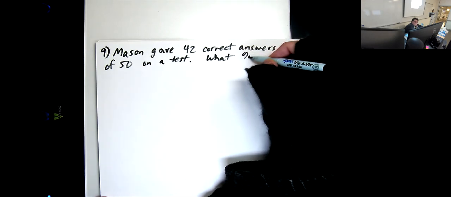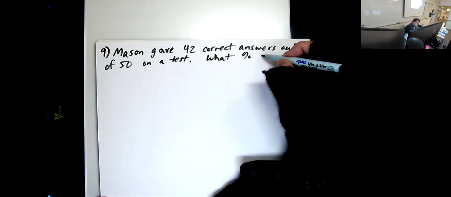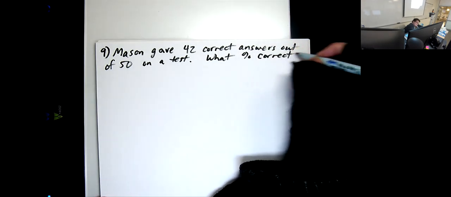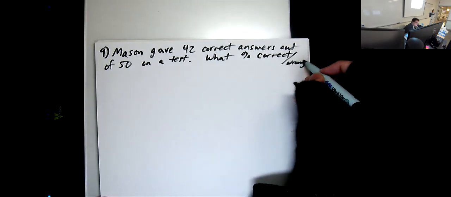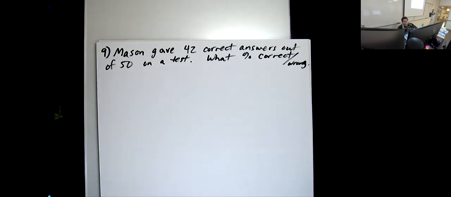What percent did he get correct and what percent did he get wrong? Technically, there are a lot of ways to go about it. Divide 42 by 50. That's exactly what you do.